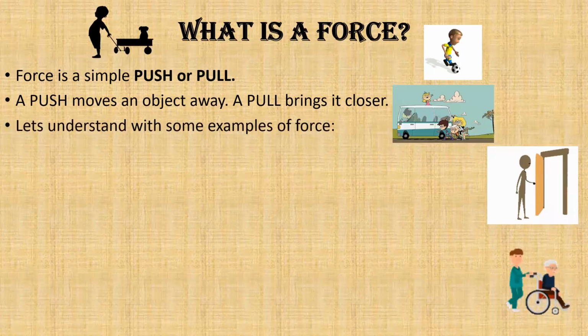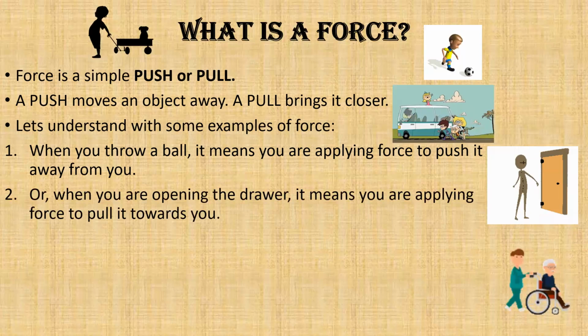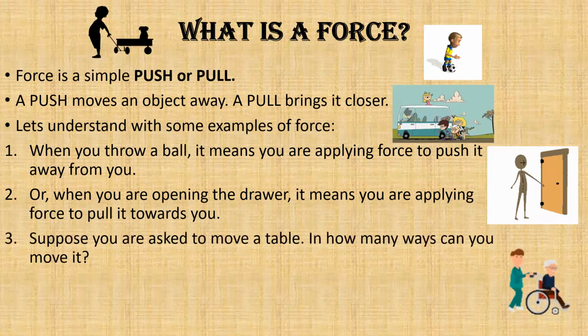Let us understand with some examples of force. When you throw a ball, it means you are applying force to push it away from you. Or when you are opening the drawer, it means you are applying force to pull it towards you. Suppose you are asked to move a table. In how many ways can you move it?